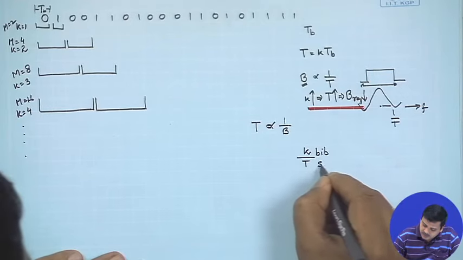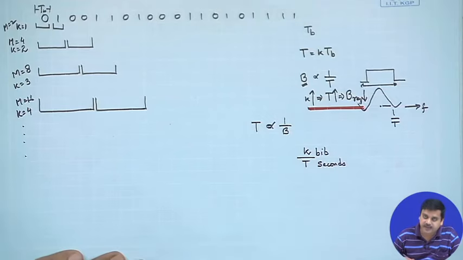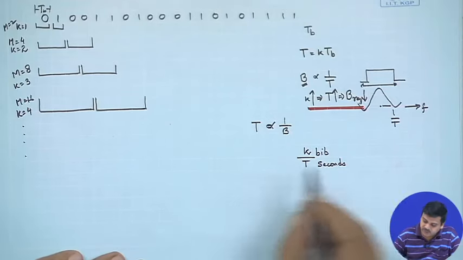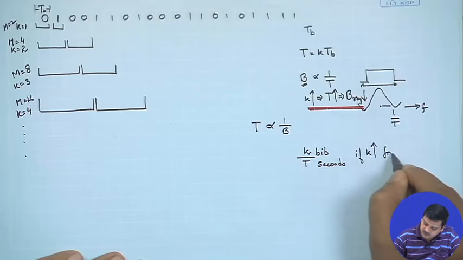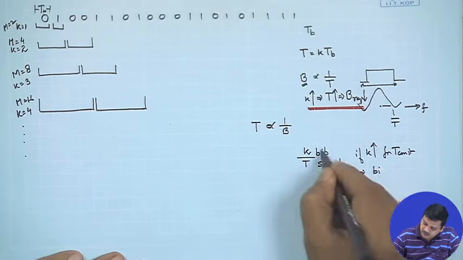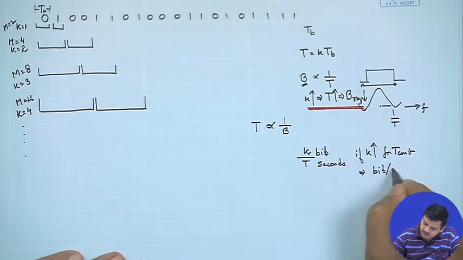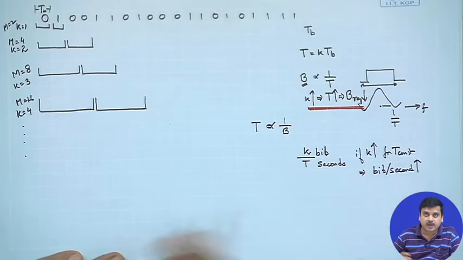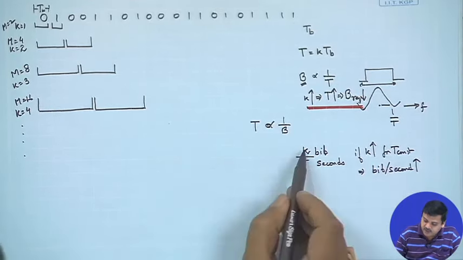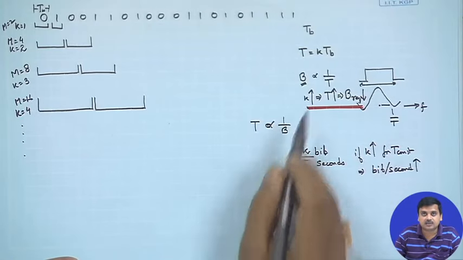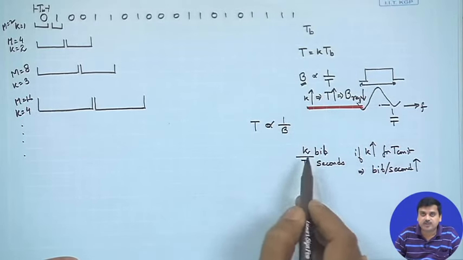In the second discussion, we are saying that if k increases for T constant, bits per second increases. And in the first notion, as you increase k, your T decreases. In that way, bits per second also increases.